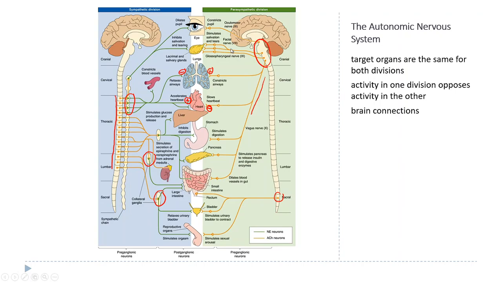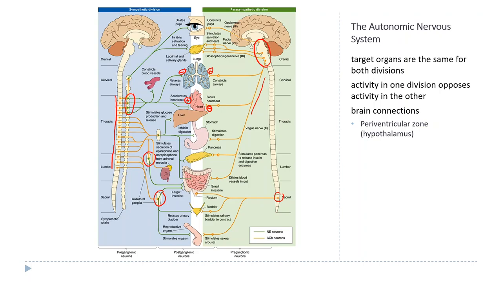But like I said, both parasympathetic and sympathetic divisions are influenced by the brain. So this is another role, in fact, for the periventricular zone, which is part of the hypothalamus. In addition to secreting hormones through the pituitary gland, the periventricular hypothalamus also has the ability to control the sympathetic and parasympathetic divisions.